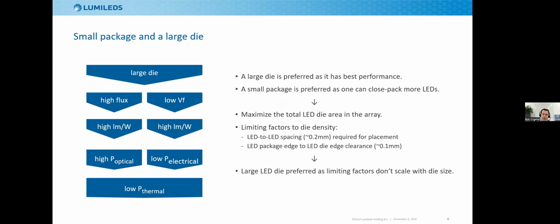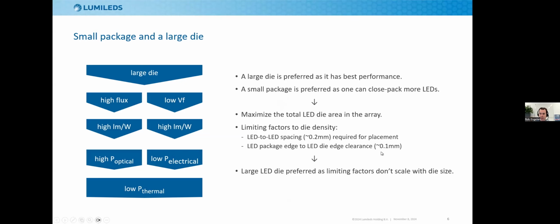So a good metric to target is to maximize the chip area into the space you have available in the array. And there are some limiting factors there. For example, if you make a close-packed array of LEDs, you need to have some spacing between the LEDs just to be able to pick and place these LEDs on a board. And second, if we make an LED package, we need to keep some clearance of the LED chip to the edge of the package.